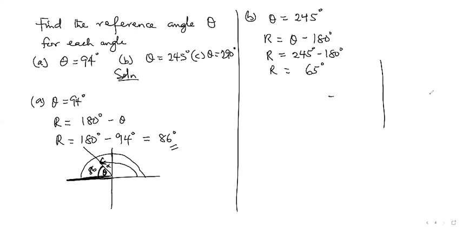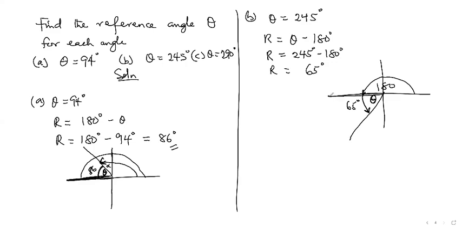If you want to sketch it, from here to here is 90, 180, 270. 270 will be reaching here. We are looking for 245. But from here to here is 180. We are interested in the angle with the x-axis. So from here to here is 180. 180 plus what will give you 245 is 65. So the angle here is 65.